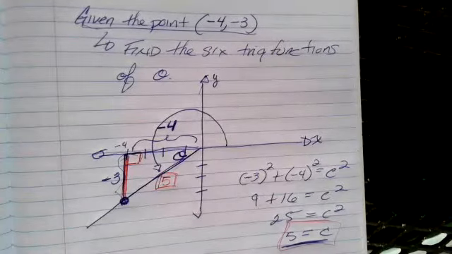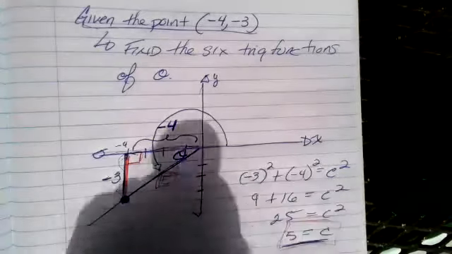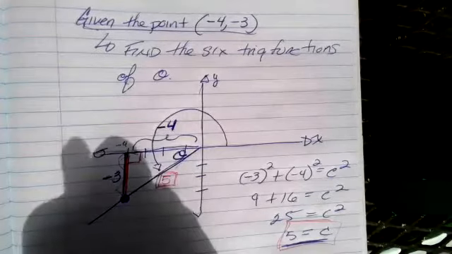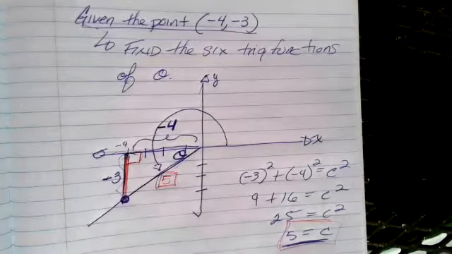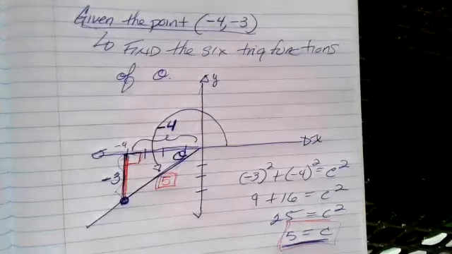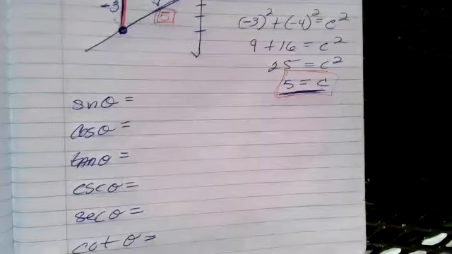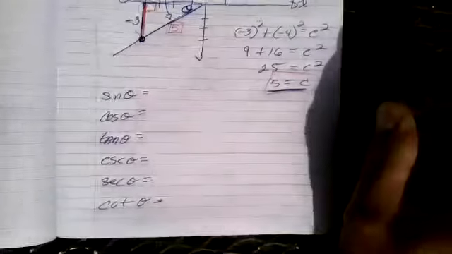So now if I want to find the 6 trigonometric function values, let me write them down here. These are the 6 trigonometric function values that we're supposed to find.